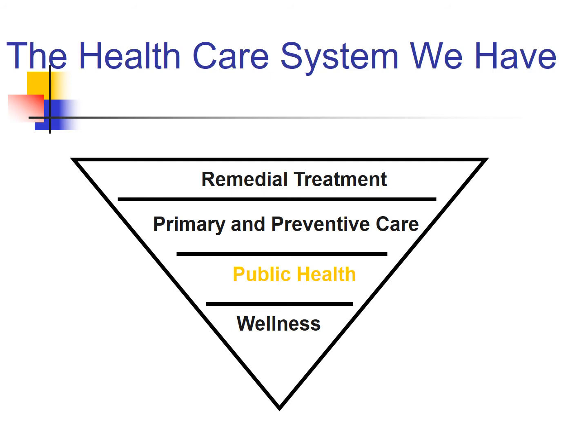Because we're not catching the culprits, the risk factors like smoking, poor diet, lack of exercise, before they can do us harm, the remedial treatment creates quite a burden on society in terms of finances and also in terms of hours of care and time spent caring for sick relatives and others.